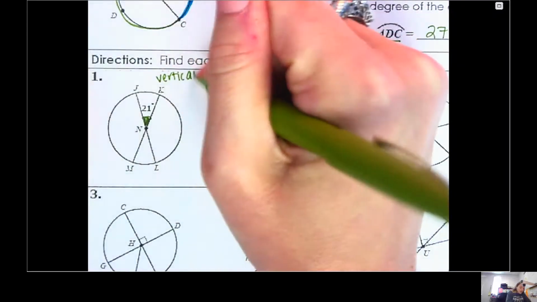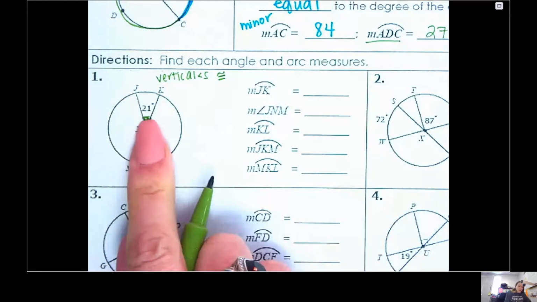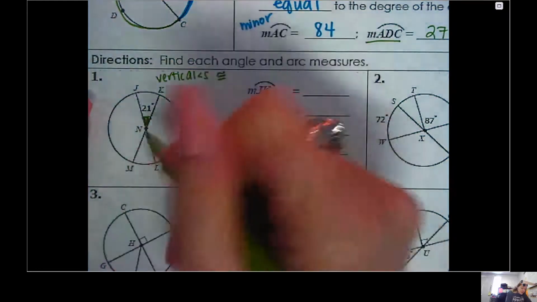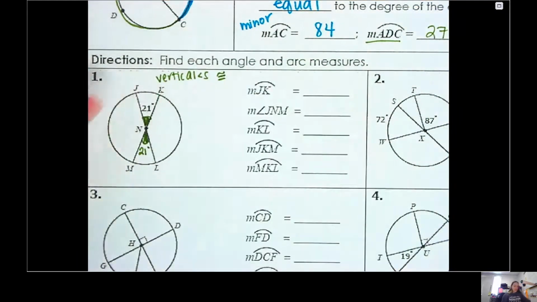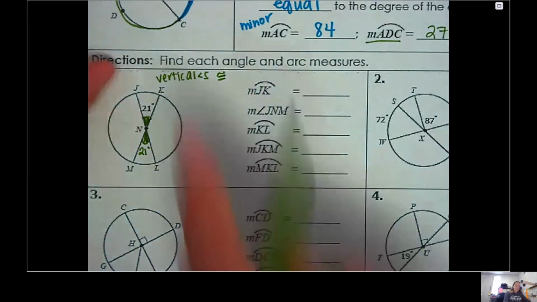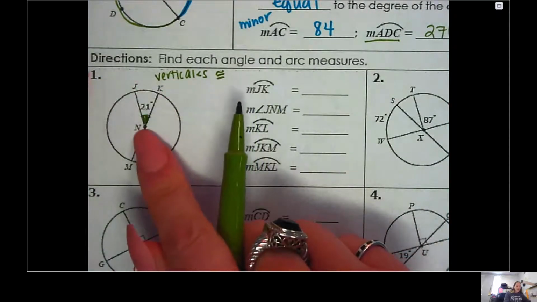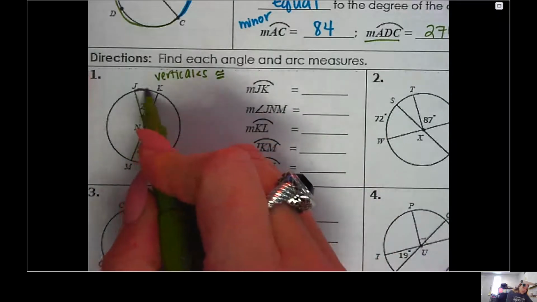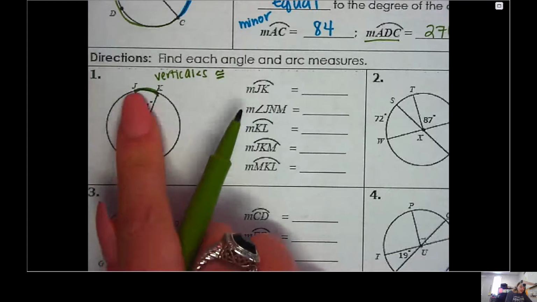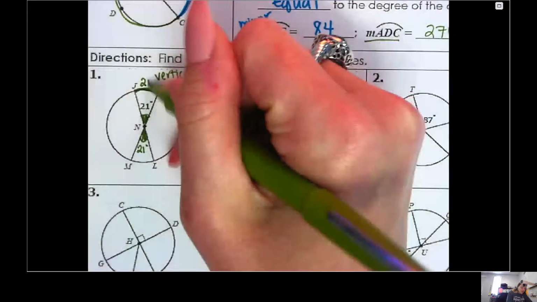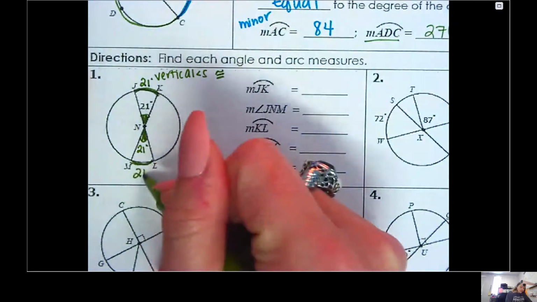Vertical angles are congruent, so since this angle is 21 degrees, the angle directly across from it is also 21 degrees. These are angles that come to the center, so since the central angle is 21 degrees, the arc directly in front of it, arc JK, is also 21 degrees, which means this arc right here is also 21 degrees.